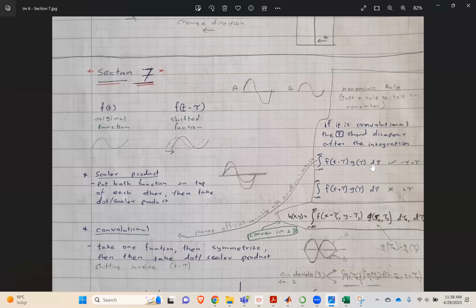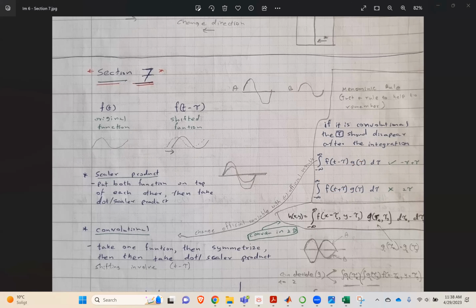Here, from the first part you get minus tau, and in the second part you get plus tau, so it gets cancelled out. But if you use a plus term, you get plus tau in the first part and plus tau in the second part, so you get 2 tau. That is why we will not use this plus tau.